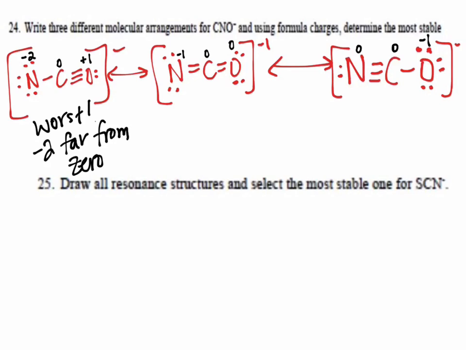The one that's going to be most stable is going to be the one that has the negative charge on our most electronegative atom. So N or O, which one's more electronegative? The O, so this is going to be our most stable configuration, because the formal charge is on our more electronegative atom.